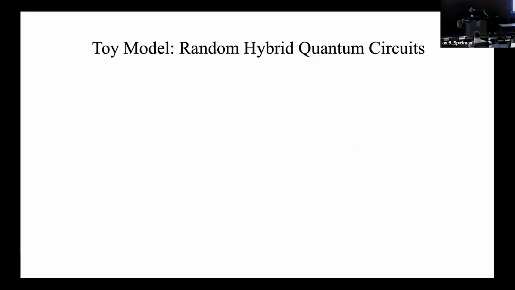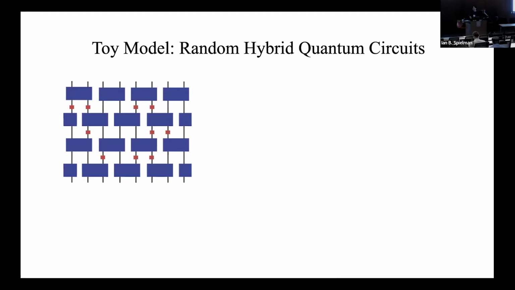So as physicists, we always like to study toy models. One toy model that recently has been proposed to study these kinds of questions are random hybrid quantum circuits. In these circuits, we have some random unitary gates, but in addition to these gates, we also have some measurements in the system.